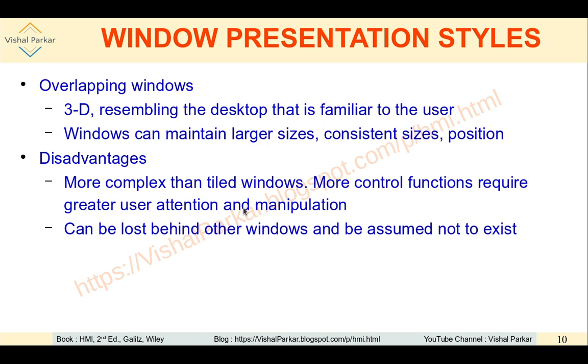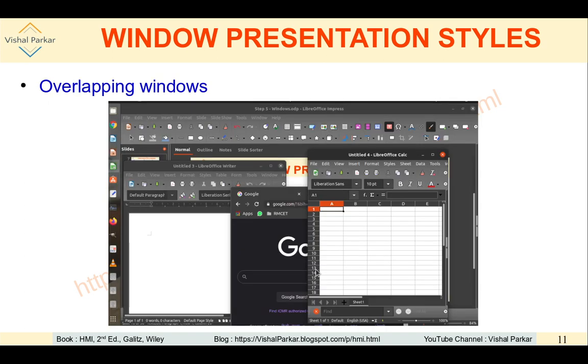You need to press some keyboard combination like Alt Tab. Always, you need to know that. So that combination has to be remembered. That has to be performed effectively to change to the other window. So a window can be lost behind other windows, and the user may think that it does not exist. That may happen. So this is one example of overlapping windows.